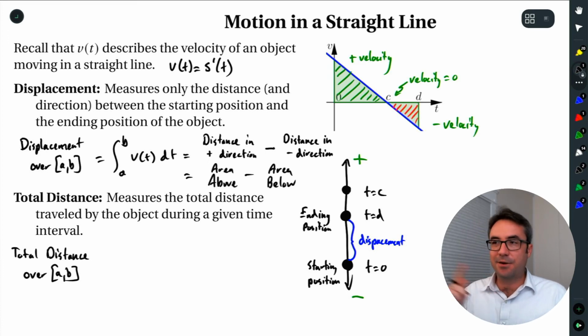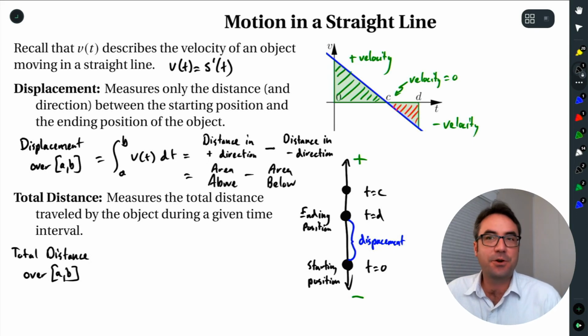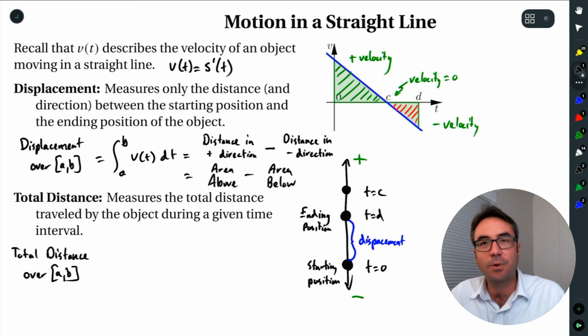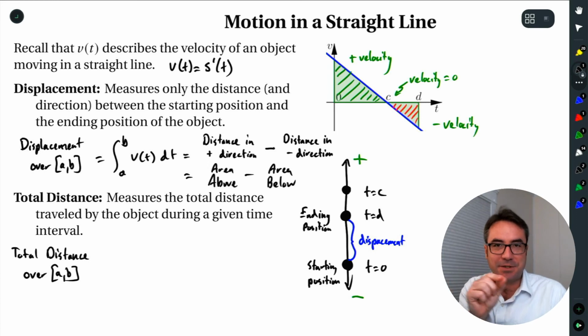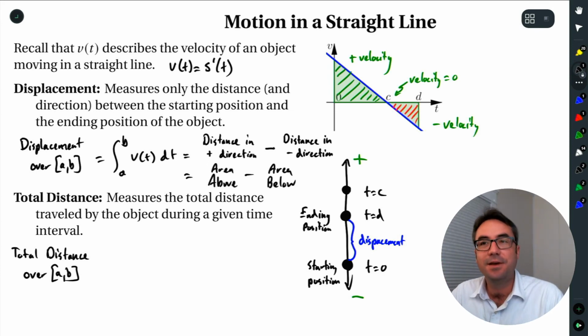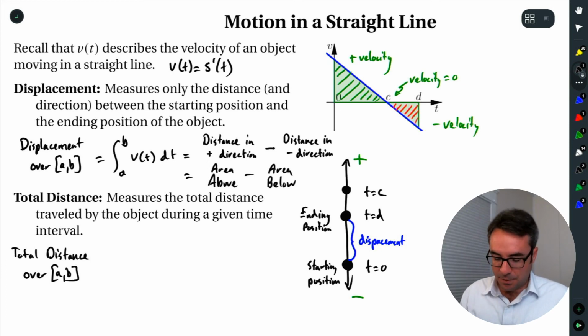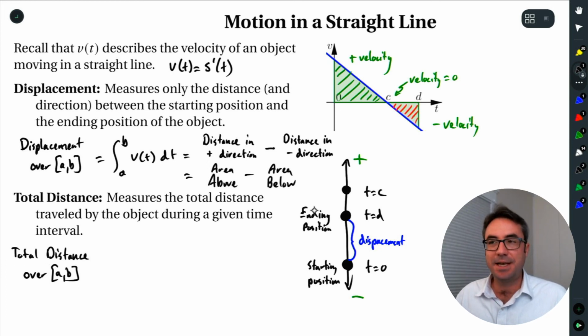If you were running back and forth on a track, maybe on a bike path, and did some laps, you're going to be interested in how much you actually ran. Most likely your displacement, if you start and finish at the same place, is 0, but you're interested in how much distance you actually covered. That's what we're capturing with total distance: how much did I move regardless of direction.